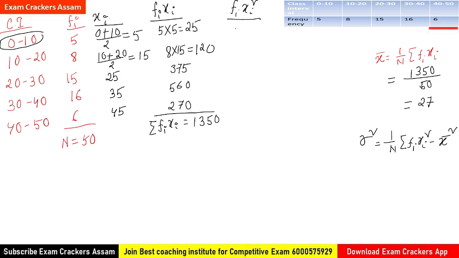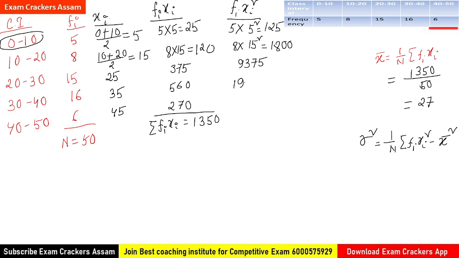Okay, that means f1 x1 square. F1 is 5 into x1 means 5 then square. Okay, this is your 125. Next one is f2 x2 square, that is 8 into 15 square, right? So it is your 1800. Next value is 9375.